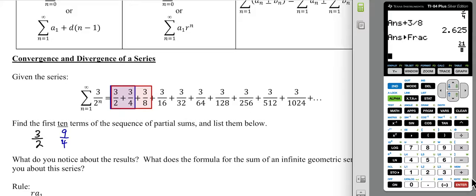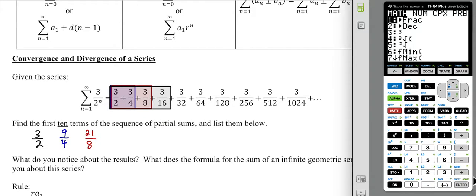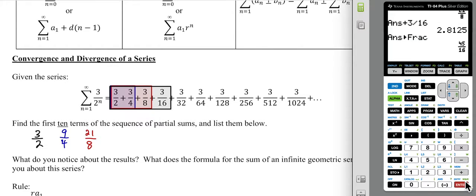That's 21 over 8. Then I would add the next one, 3/16, and math frac that: 45 over 16.